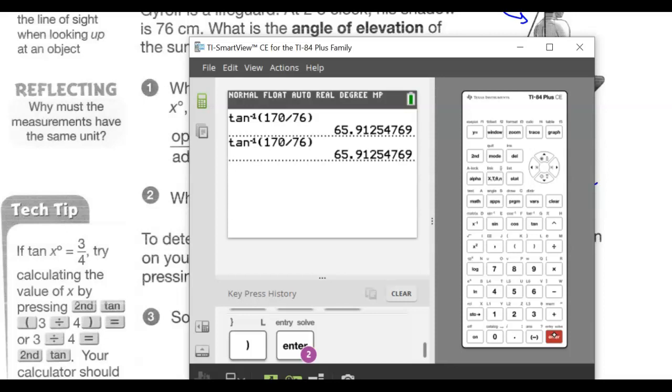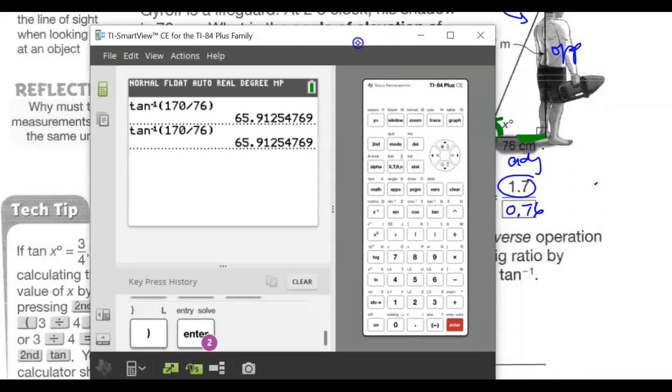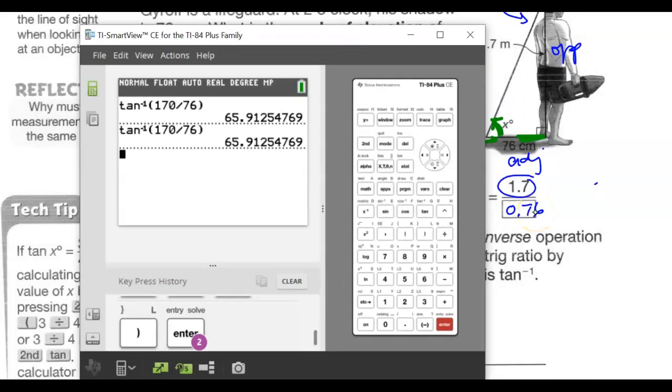Now, let's say I use the meters version, then that would be second tan 1.7 divided by 0.76.